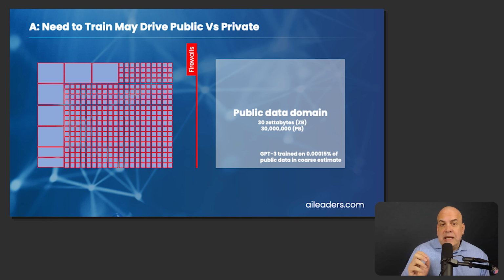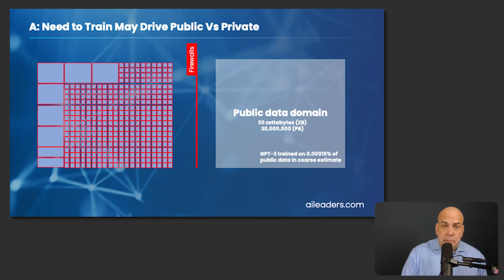And the big publicly available, the very large LLMs like GPT, BERT, ERNIE, general language model, etc., they're trained on publicly available data. They don't have access to your private data.